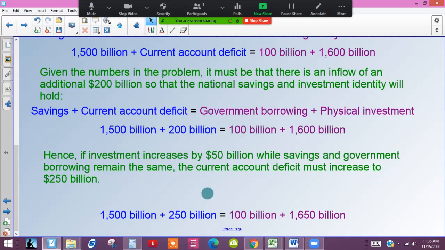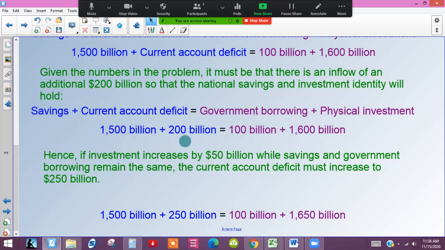And the other thing to keep in mind is that the financial account or the capital account has to zero out when you add it to the current account, right? So we have a current account of 200 billion. We're going to have a capital account of negative 200 billion.